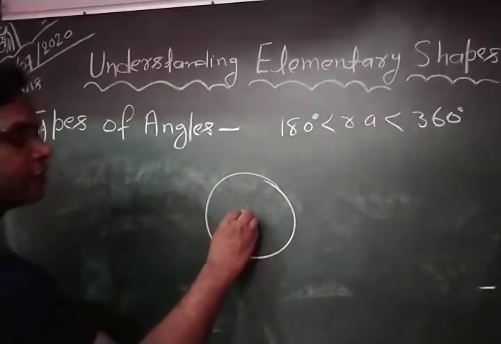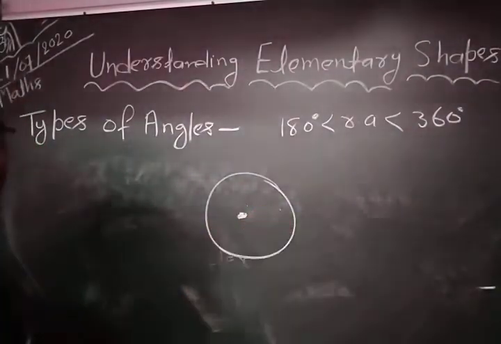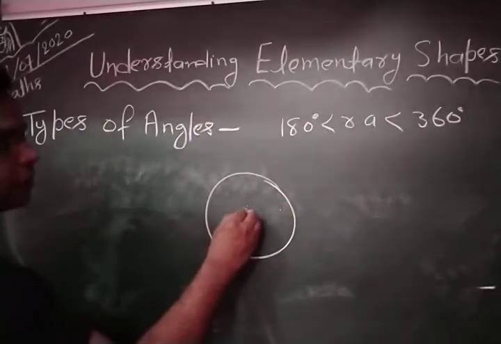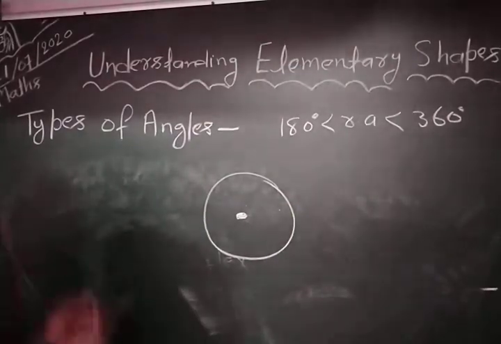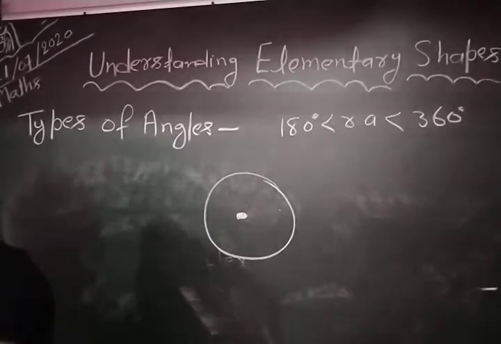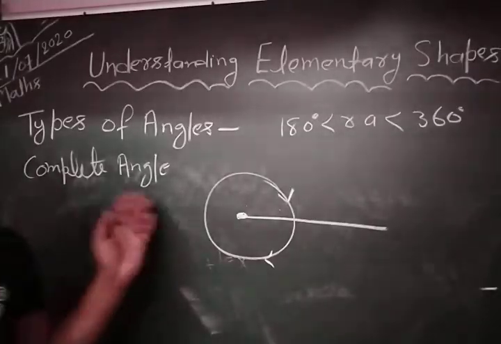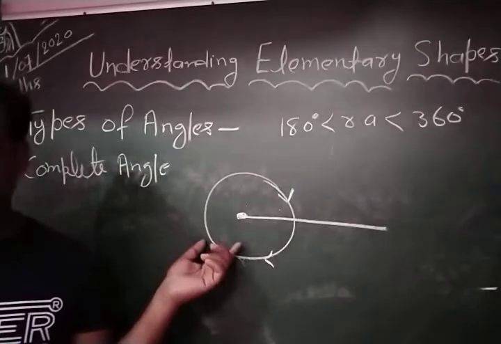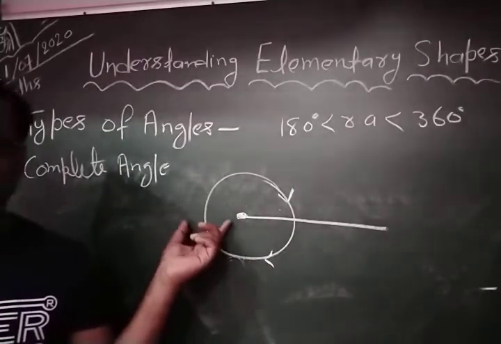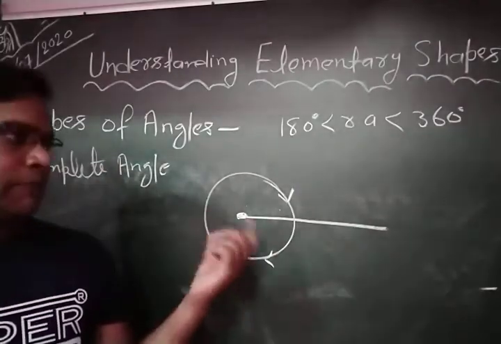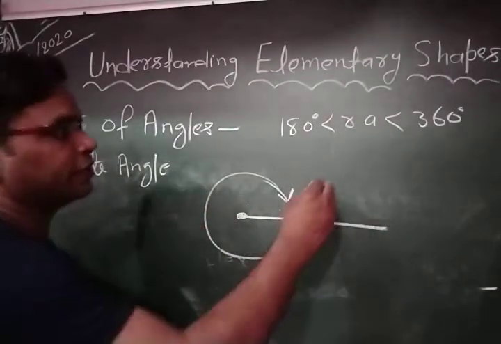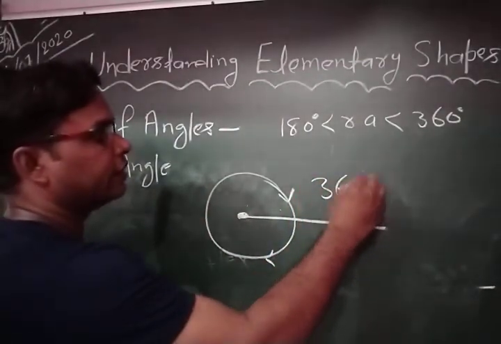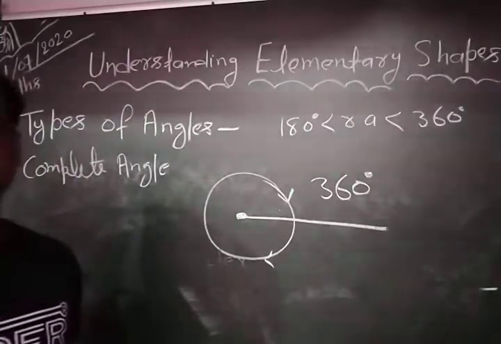Okay. If this is a complete angle, you can see this is one complete revolution. One turn is called a complete angle. The value of a complete angle is 360 degrees. Clear?